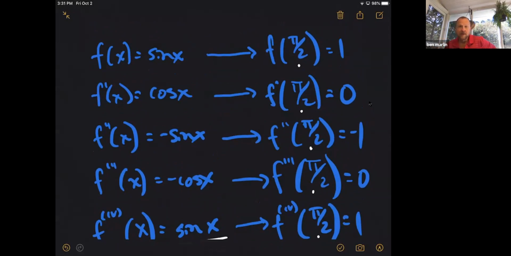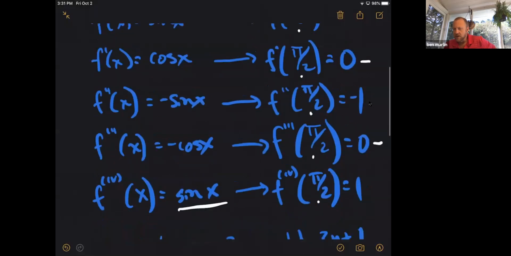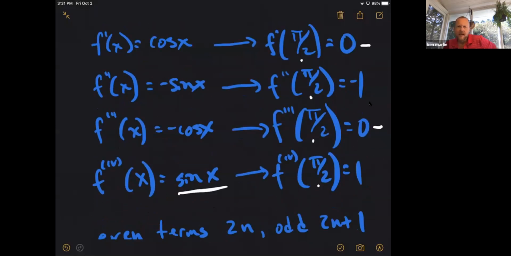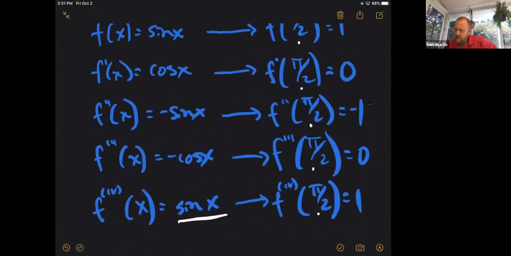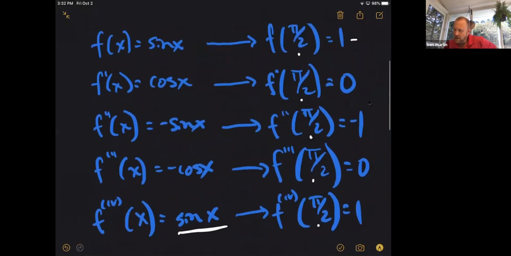Of course, the sine of pi over 2 is 1, but the cosine of it is 0, okay? And then if you notice, that just means that all of these even derivatives here are going to zero out on you, okay? And then for the odd derivatives, those are going to go 1, minus 1, 1, minus 1. So they're going to alternate after that.